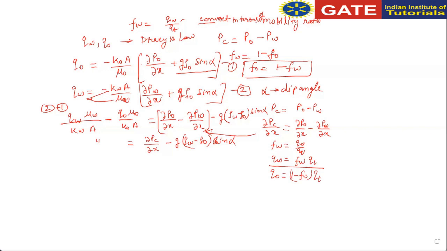So your equation will be FW QT mu W divided by KW A minus 1 minus FW QT mu O divided by KO A equal to del PC divided by del X minus G rho W minus rho O sin alpha. Okay, we got it up to this.